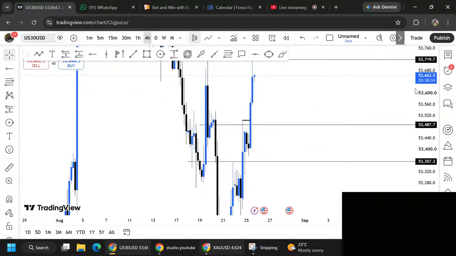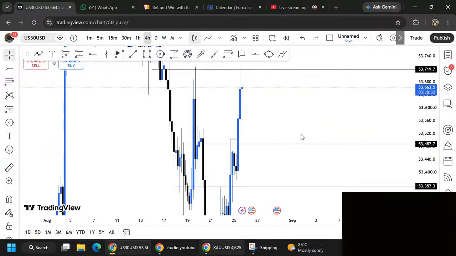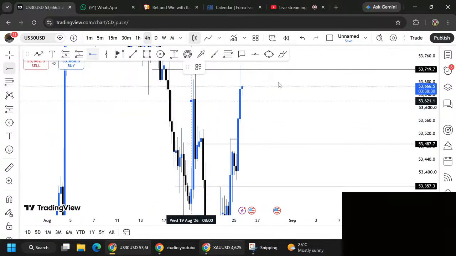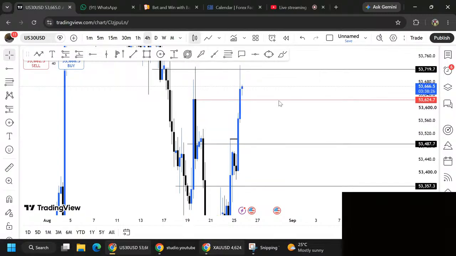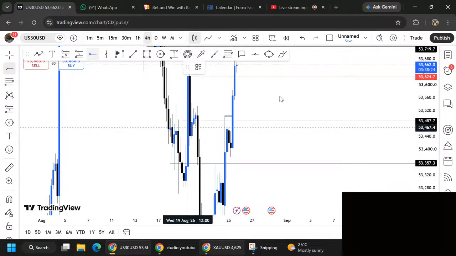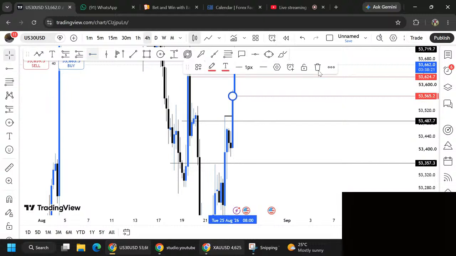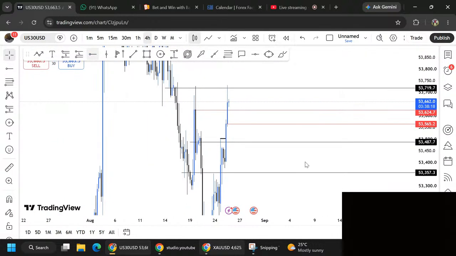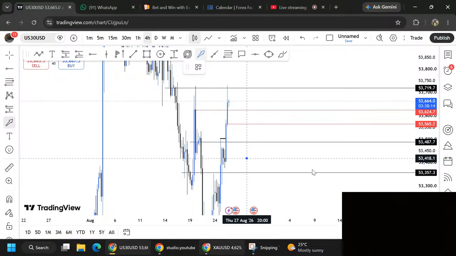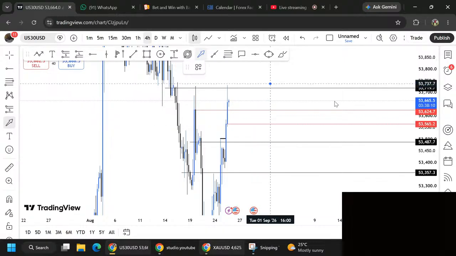In the 4-hour time frame, I can see that we had this very recent level here, which is an SNR level. But then also we have this one, a bullish continuation SNR. So possibly if we get a drop all the way to these zones here, then I'll be expecting price to give me a reaction from these zones.